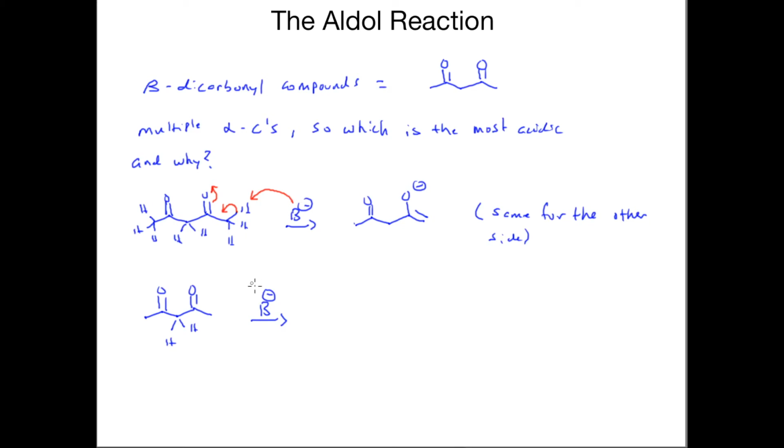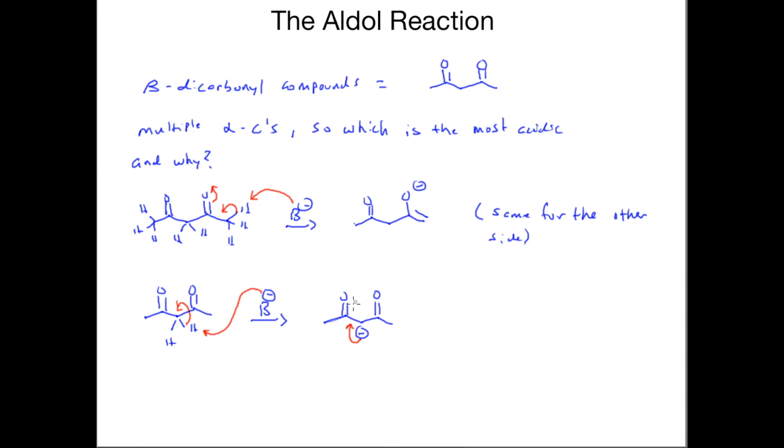Now I actually have two different places to go as far as resonance structures. I can go up this way to the one on the left. There we go, we've got one on the left. Let's draw that enolate. Beautiful, there's our enolate.